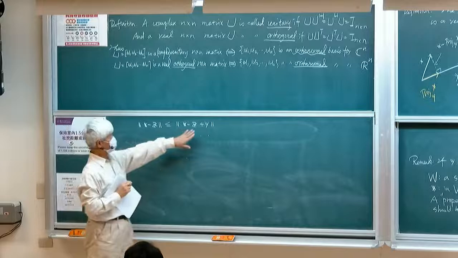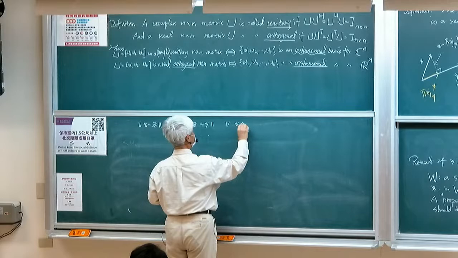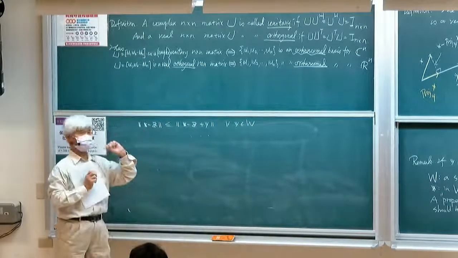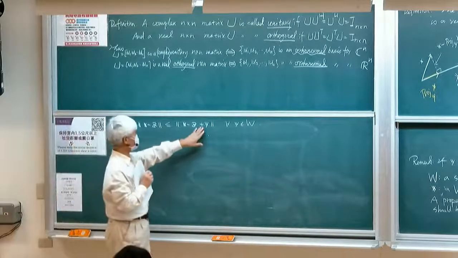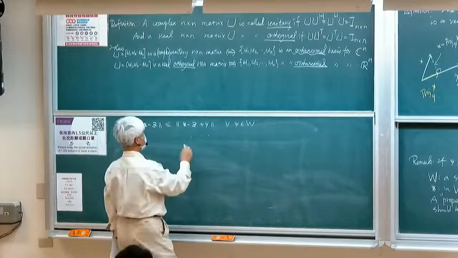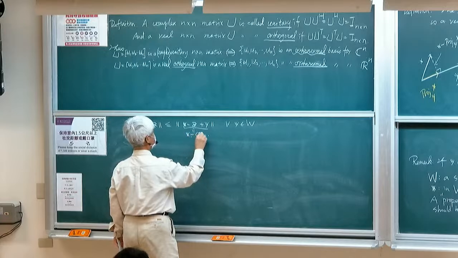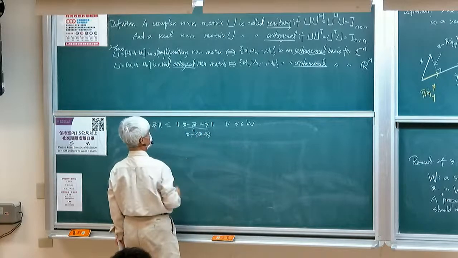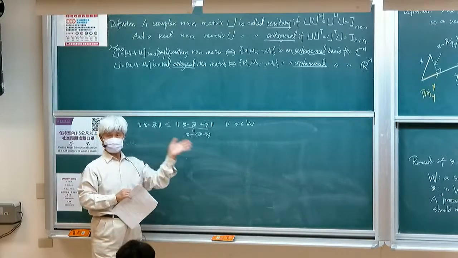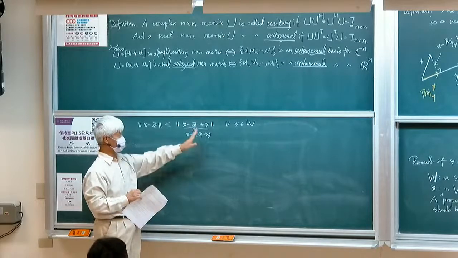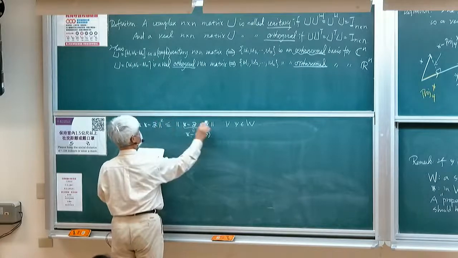So if we add the arbitrary vector y in W, right, we have this inequality because this is the minimum by the minimum property there. Okay, so when we add a y here, the reason is that this is equal to x minus, right? And the z minus y is in W. Because z is in W, y is also in W in the subspace. So the difference is also in W. Okay? And we take the square.